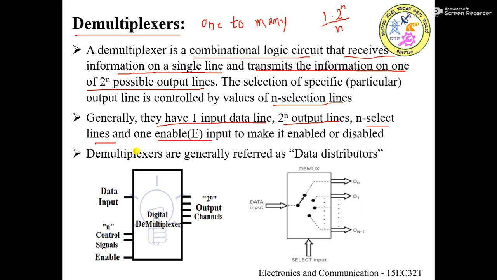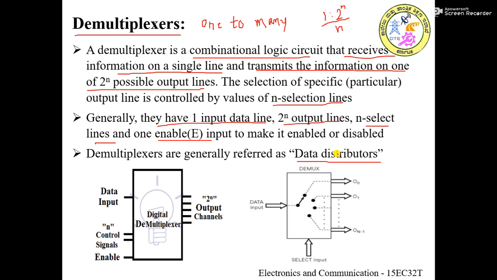The multiplexers were referred to as data selectors, and demultiplexers are referred to as data distributors, because they distribute a single data input over 2 to the power of n possible output lines. Whereas multiplexers were data selectors, because there were 2 to the power of n input lines, and at any time only one input line was selected based on the content of the selection lines.